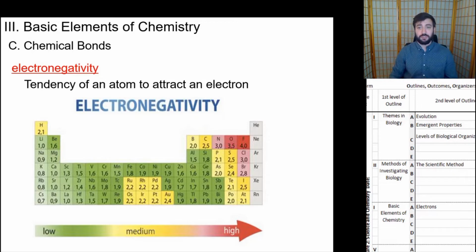There are several things that can affect how electronegative an element is going to be, having to do with the number of protons, how many shells they have, etc., etc. But we don't even really worry about that so much in Gen Bio. Just know that there are some elements that are much more electronegative than others. And that's going to be determining how likely they are to attract or pull an electron.